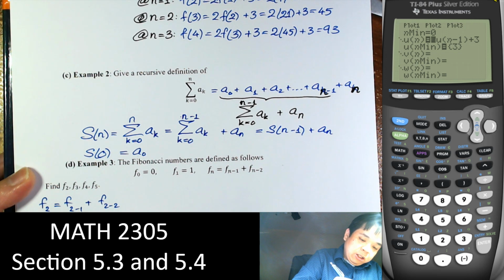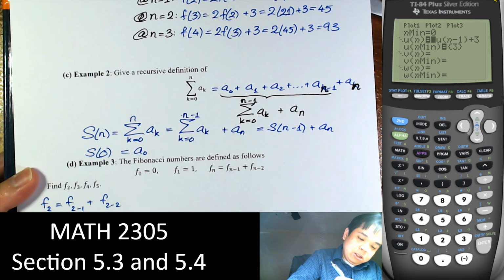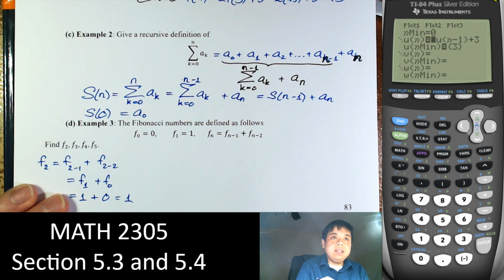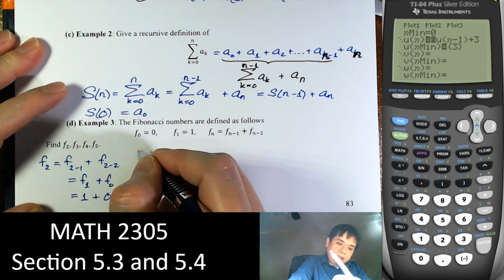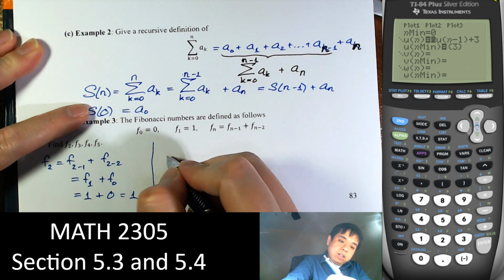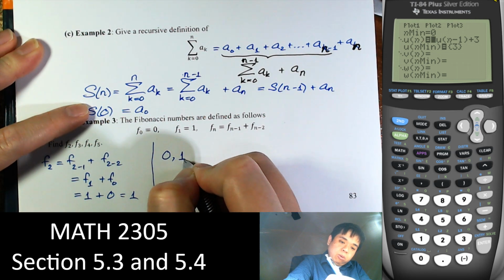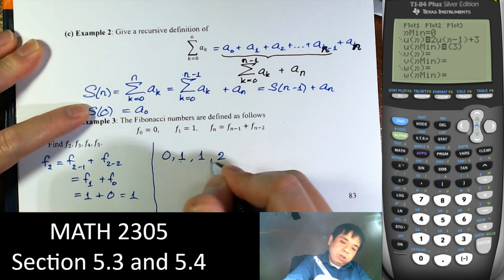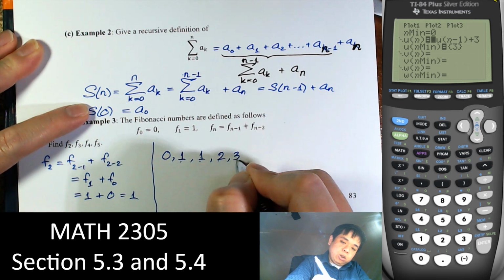f(1) plus f(0), 1 plus 0 is 1, so it's 1. And then we can just keep plugging in this formula, but here you can just write 0, 1, and 1. Now, 0 plus 1 is 1, 1 plus 1 is 2, 1 plus 2 is 3, 2 plus 3 is 5.